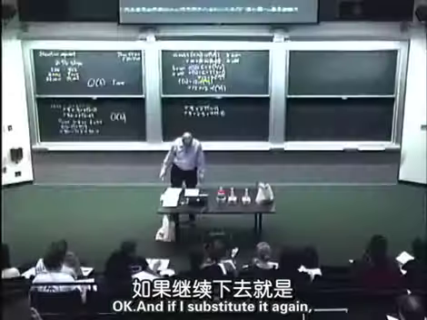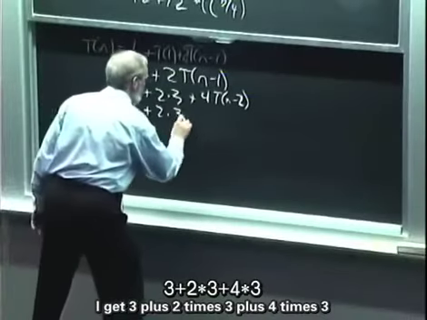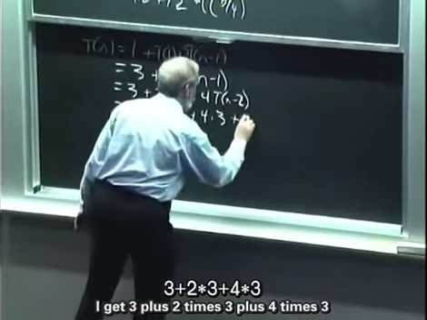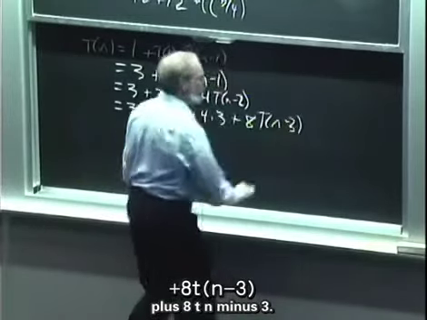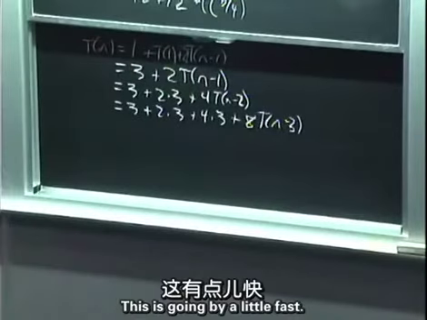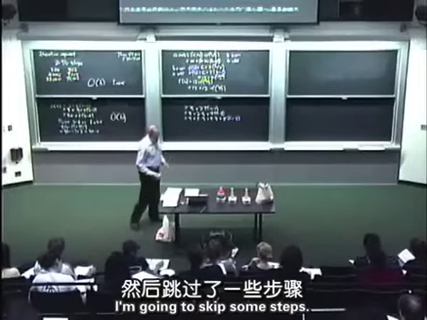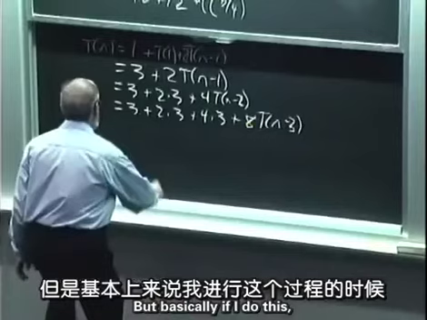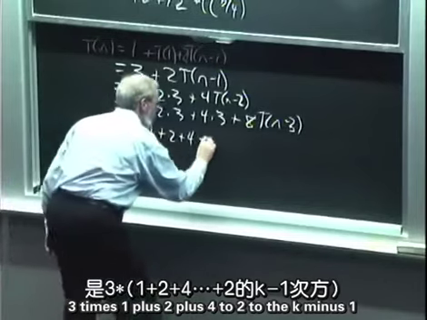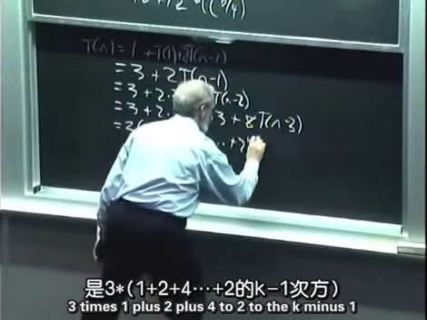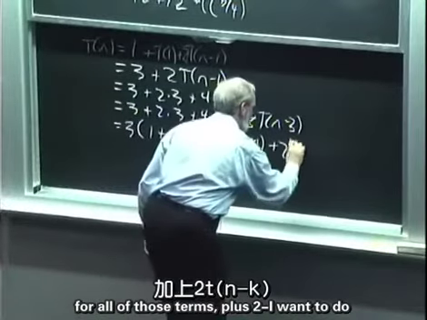And if I substitute it again, I get 3 plus 2 times 3 plus 4 times 3 plus 8t of n minus 3. And this is going by a little fast. I'm just substituting in. I'm going to skip some steps.